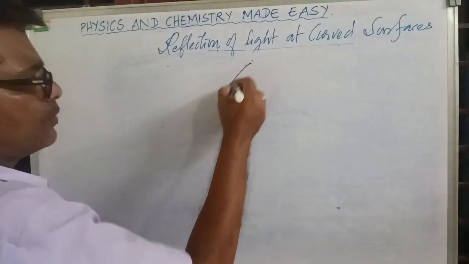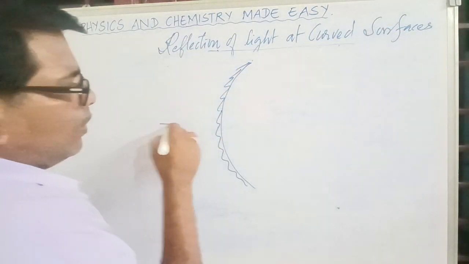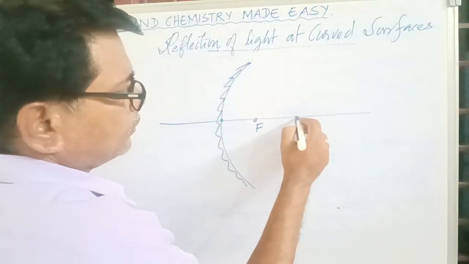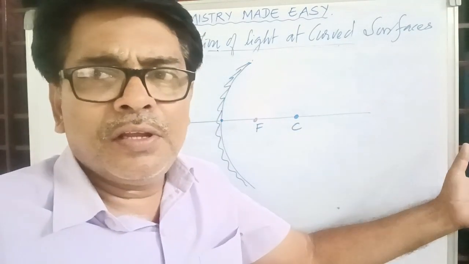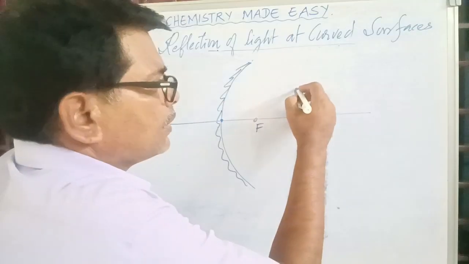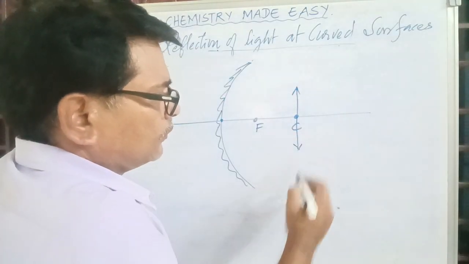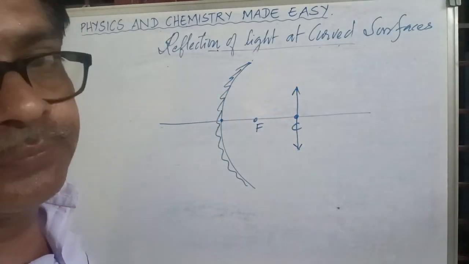Now we'll see what actually it is. Like this, it is a concave mirror. So this is the focal point, this is the center of curvature. I need not draw from infinity and all that. I can simply remember one point: if the object is on C, I'll get the image on C, and the size of the object is equal to the size of the image.